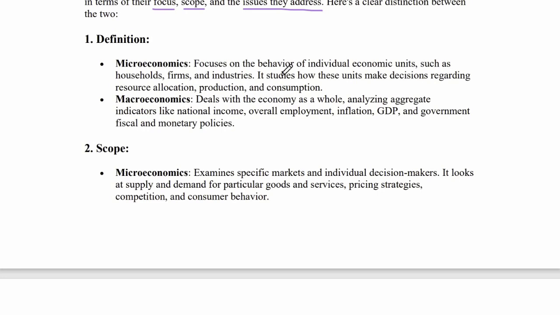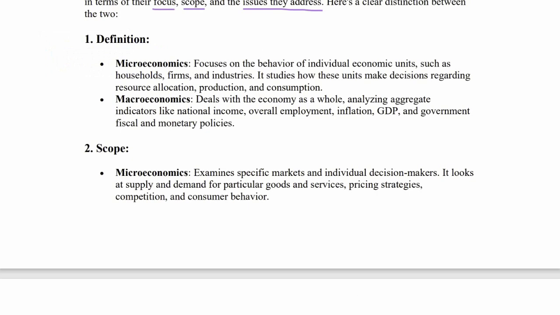Microeconomics focuses on the behavior of individual economic units, such as households, firms, and industries.